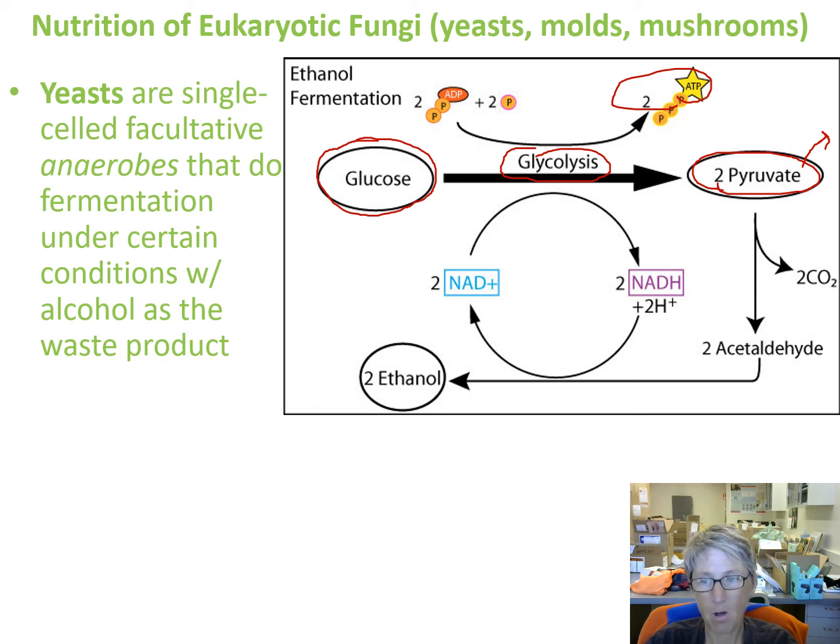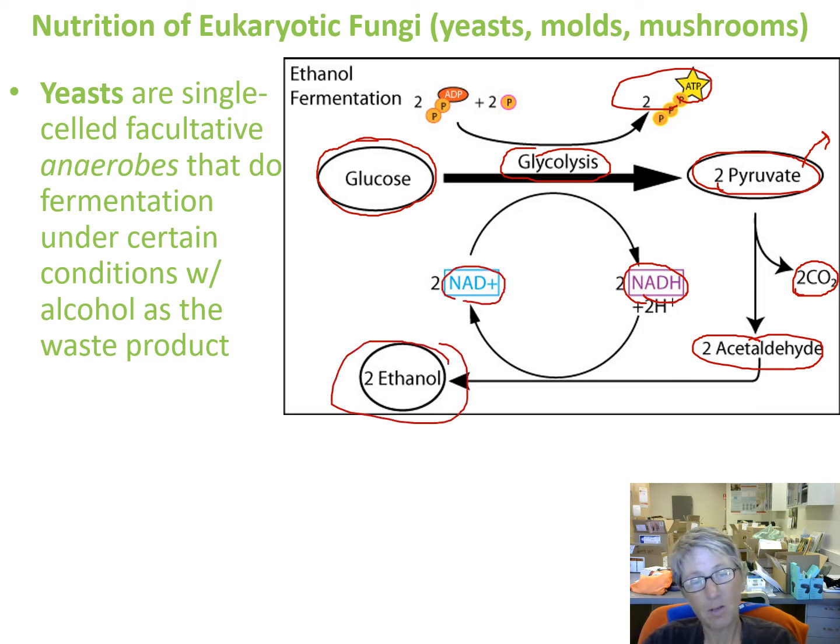If, however, oxygen is not present, then pyruvate will do a process called fermentation, and that's in this diagram. So the 2 pyruvate will give off a couple of carbon dioxide, that's gas. It will make 2 acetaldehyde molecules, and then when it takes 2 NADHs and makes them into NAD, the yeast make ethanol, and you know that's alcohol.